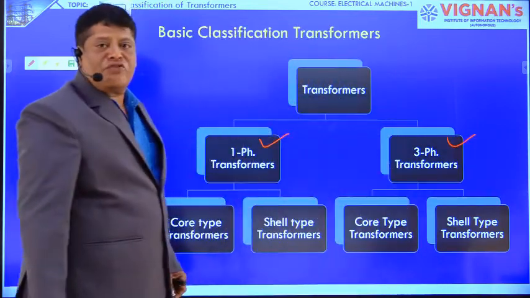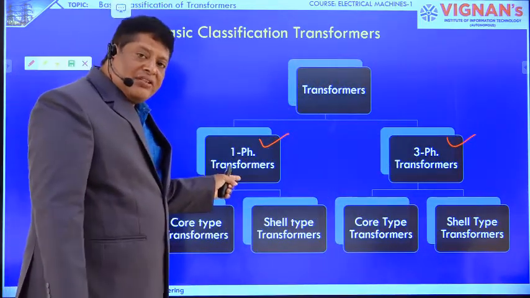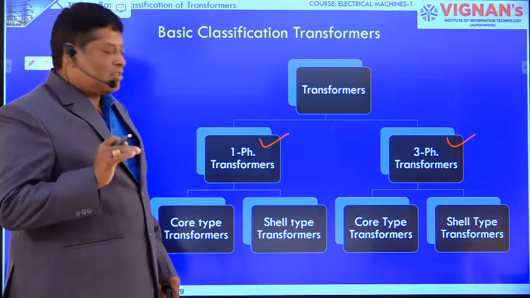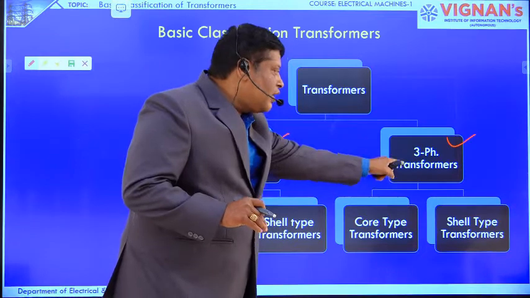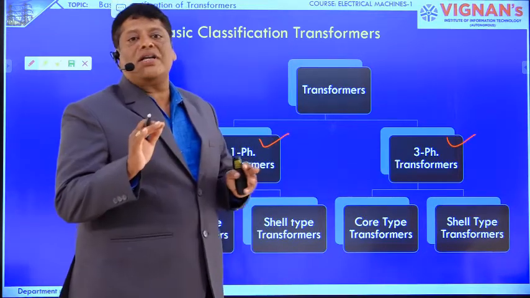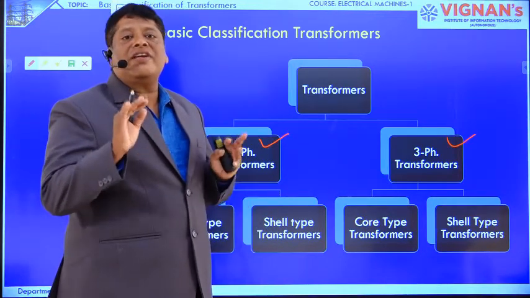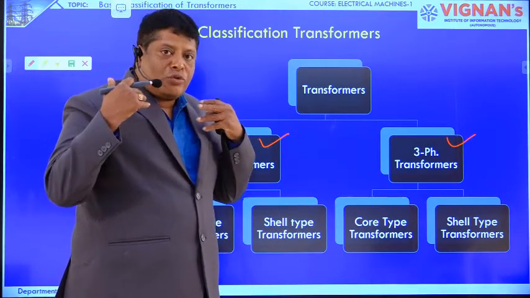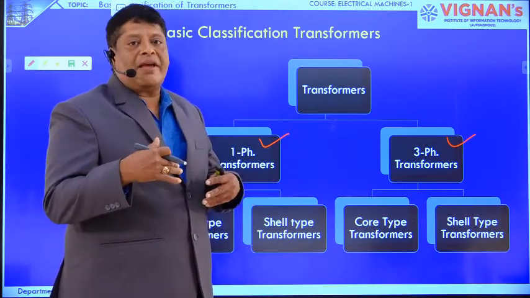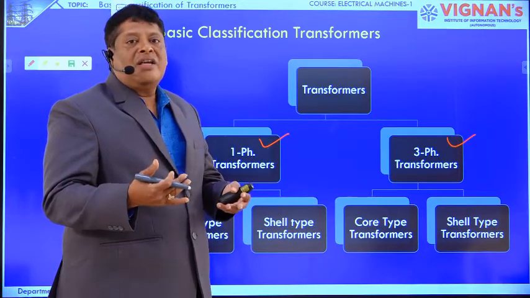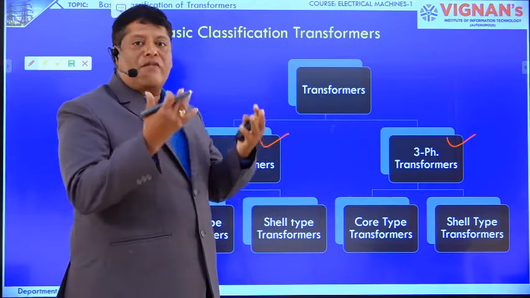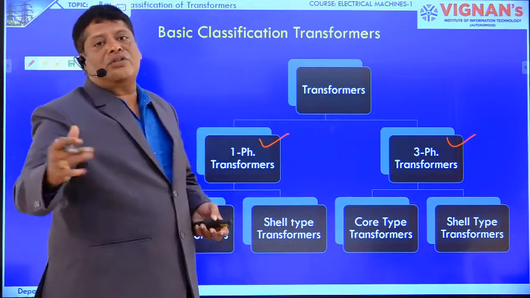The single phase transformer is an electrical device which operates on a single phase supply, whereas the three phase transformer operates on a three phase supply. We give electrical input to the transformer from the three phase supply, and again take the three phase power from the transformer, which is given to the load.